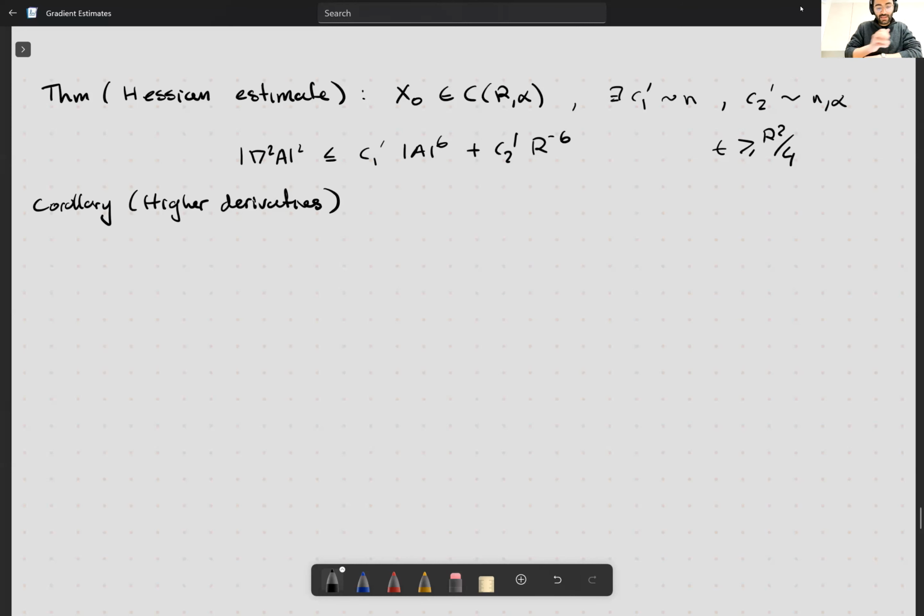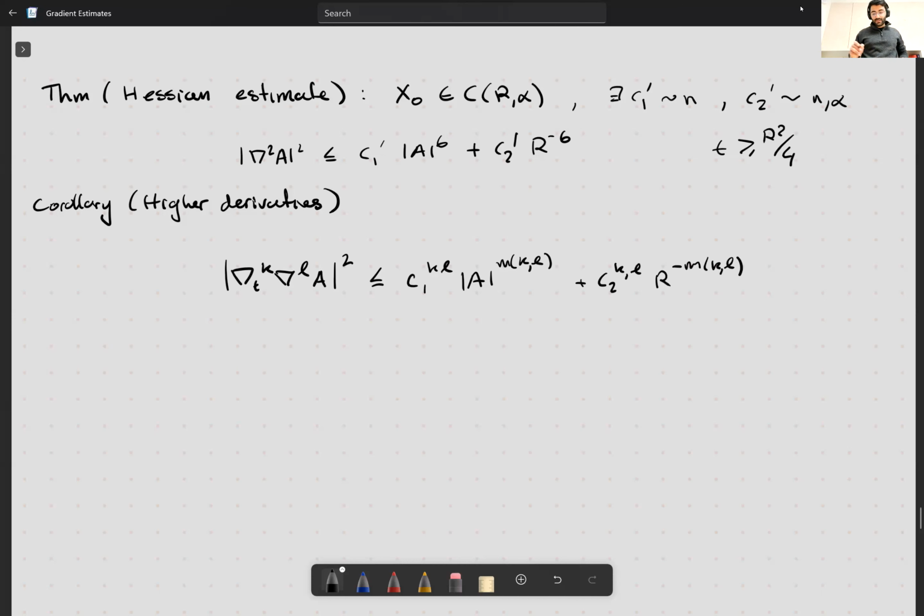And also if you use the evolution of A, remember that, I'll just write it down: partial t to the k, partial l of A is equal to C1 kl A to the M, where M depends on k and l, it's not so important here what it is, plus C2 kl R to the minus M kl.